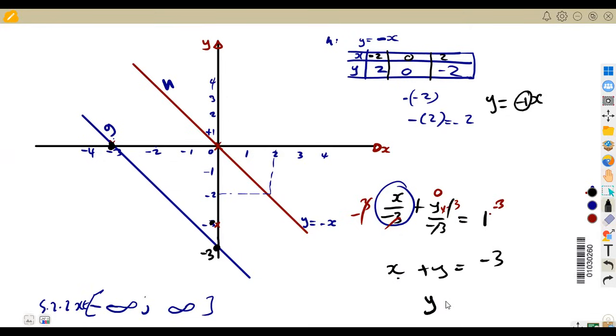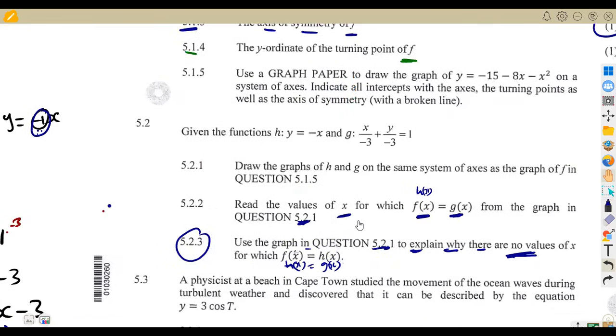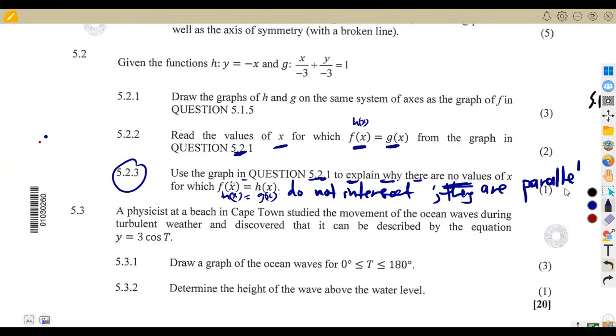Make y the subject: y is equal to -x minus 3. As you can see, we've got a negative, meaning they are the same, -1 and -1. If these two gradients are the same, the two lines are parallel. That's why there are no values of x. These two lines do not intersect at all. You can't obtain a point of intersection if the two lines are parallel. It's impossible.